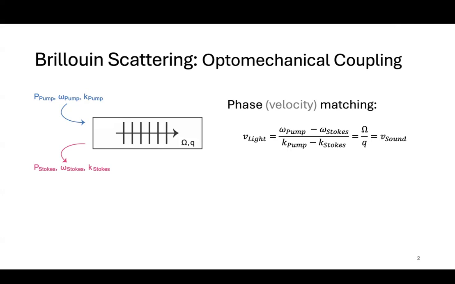And the resulting optical beat note is the difference frequency of the pump and the Stokes. So if you select the pump and the Stokes frequencies somewhat close to each other, the difference frequency is actually not that fast, and it can match that of the sound. So you have that rate matching, phase velocity matching, phase matching.